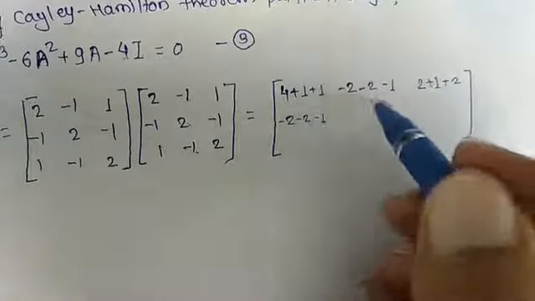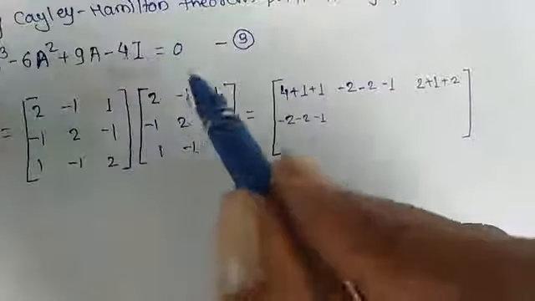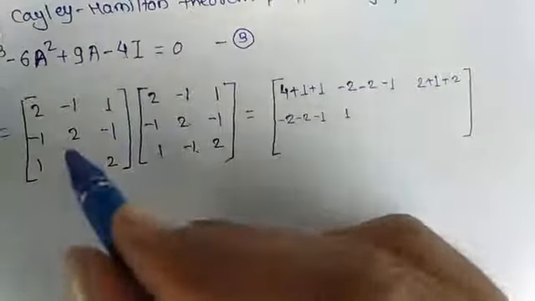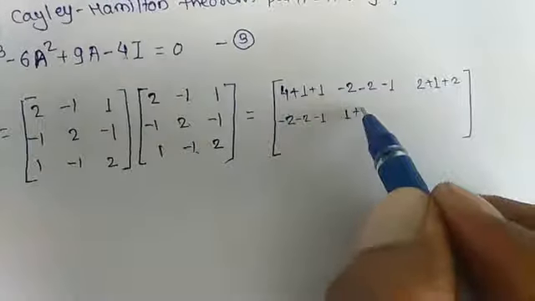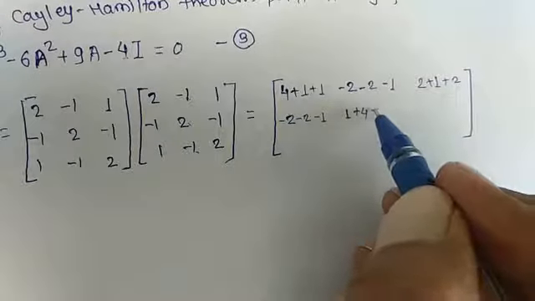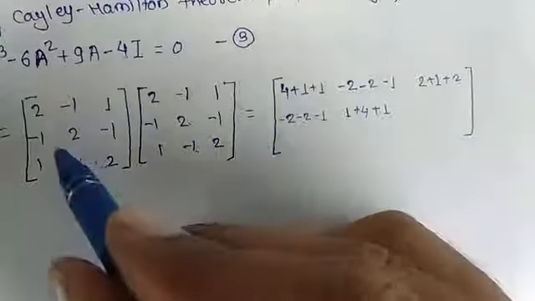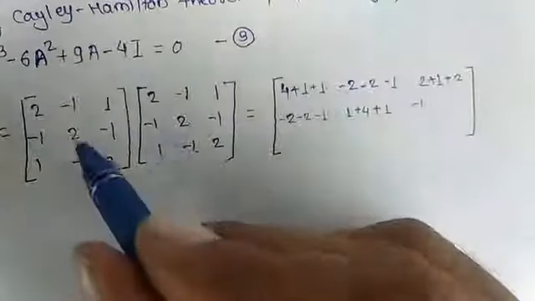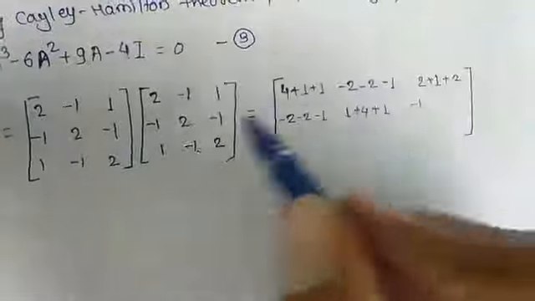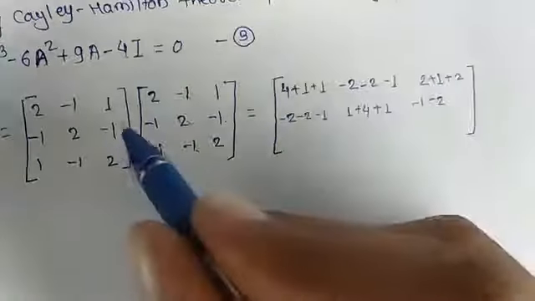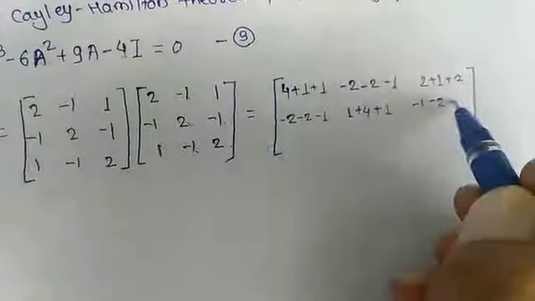Again second row second column, minus 1 into minus 1 is plus 1, 2 into 2 is 4, and again minus 1 into minus 1 is plus 1. Next, minus 1 into 1 is minus 1, 2 into minus 1 is minus 2, and minus 1 into 2 is minus 2.